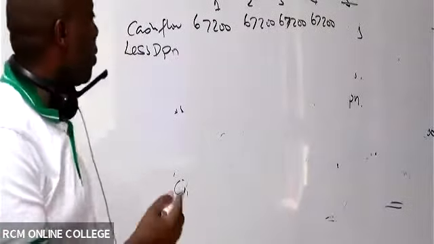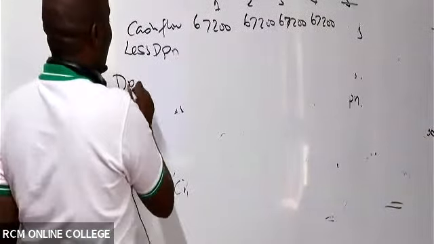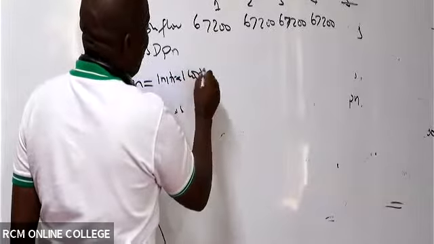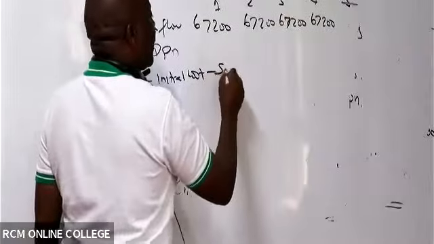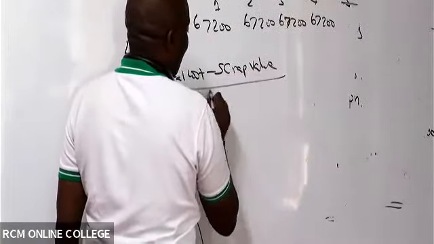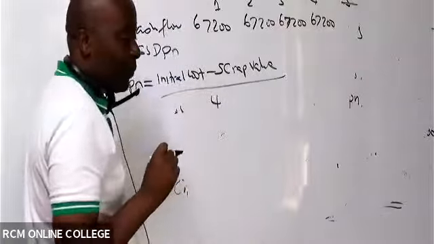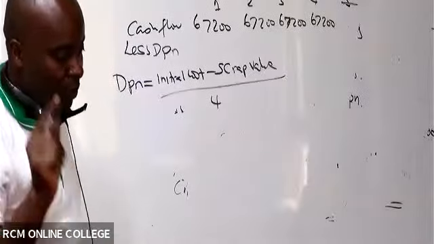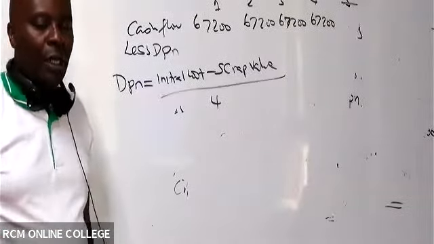To get depreciation is really easy. We take the initial cost, subtract the scrap value, divided by number of years, which are 4. Are you able to see the initial cost of this project?